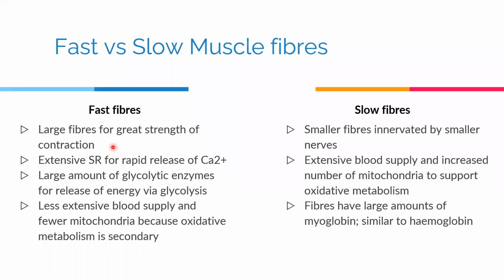There is extensive blood supply and an increased number of mitochondria present in slow fibers, which support the oxidative metabolism. So slow fibers essentially work via oxidative metabolism, whereas fast fibers produce energy via the glycolysis mechanism. Slow fibers also have large amounts of myoglobin, which is a substance similar to hemoglobin, and myoglobin helps in conduction of oxygen to the muscle fibers themselves.